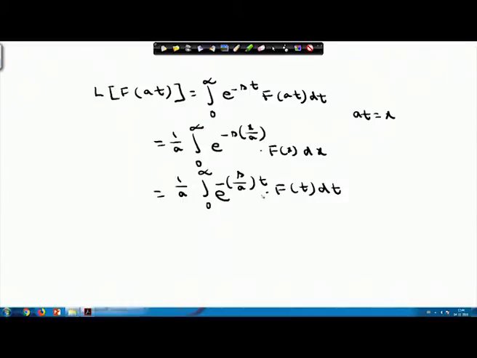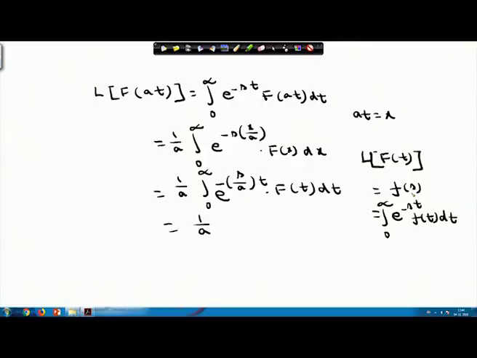So, this is equal to 1 by a, from the definition, the Laplace transform of f t, we write as F s, which is equal to integral 0 to infinity e power minus s t into f t dt.